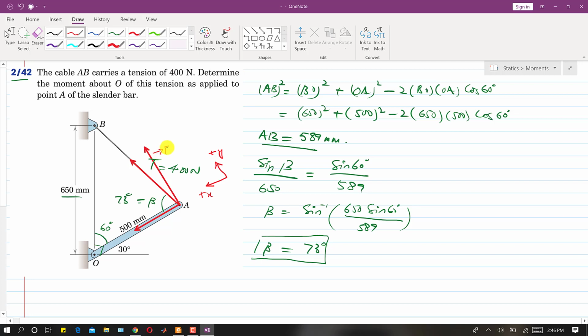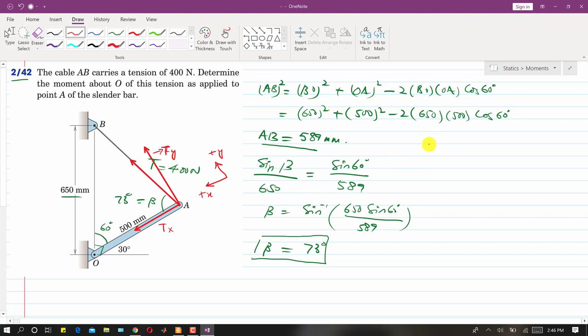Then this component will be T_y and this will be T_x, right? T_y is the sine component of beta. And as we see, the T_x component is passing through point O, so it will not produce any moment. So only T_y will produce the moment, right?